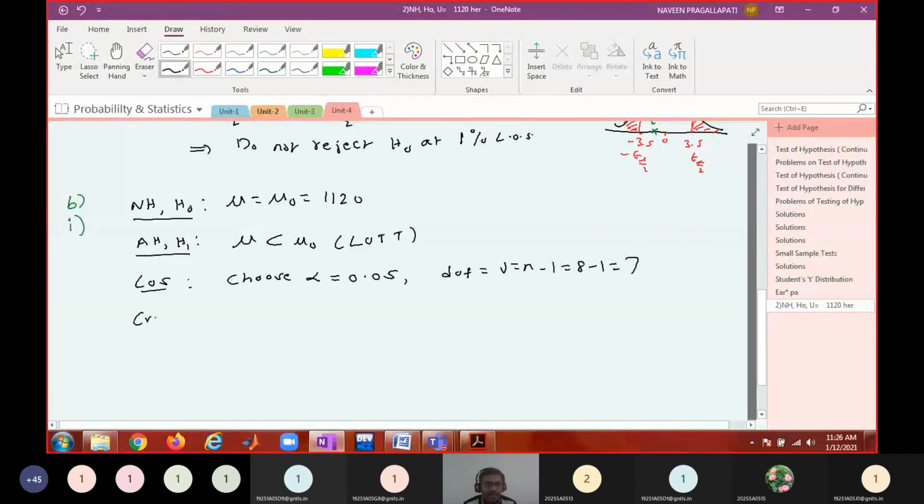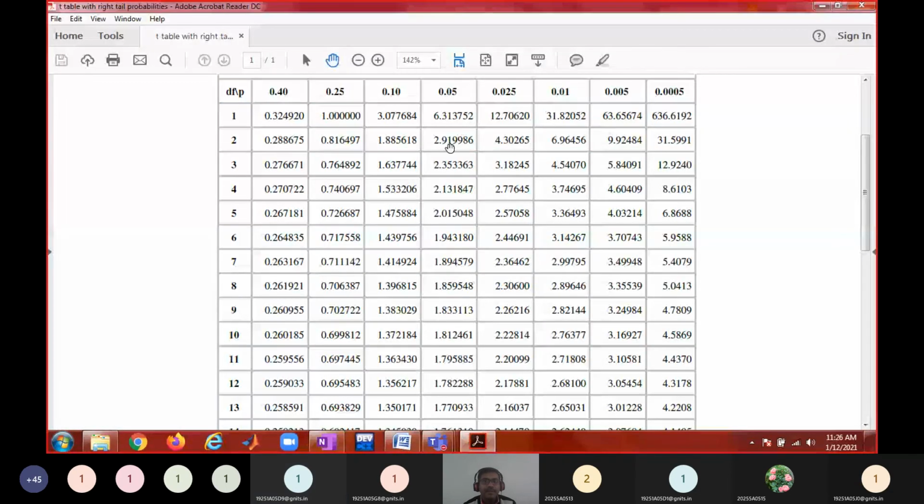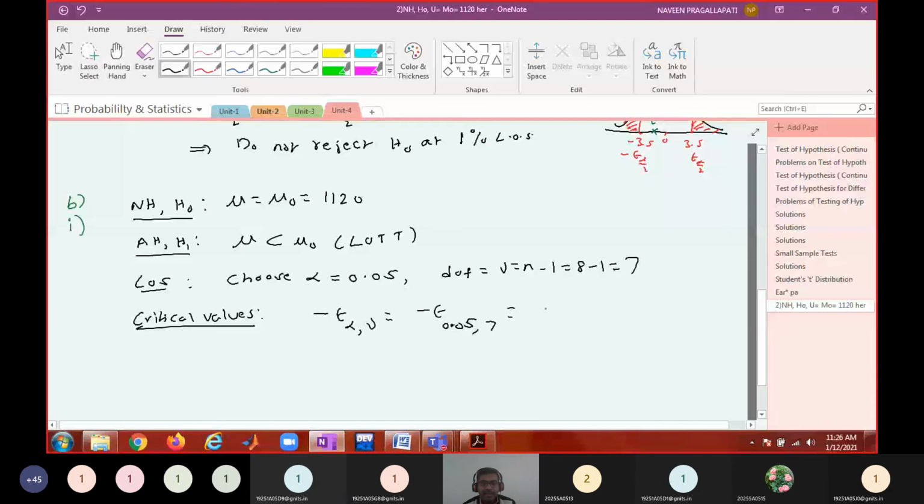Because it is a left one-tail test, the critical value is minus t alpha comma nu, equal to minus t 0.05 comma 7. For 0.05 comma 7, here it is 1.89, can you see that? Yes, so minus 1.89.